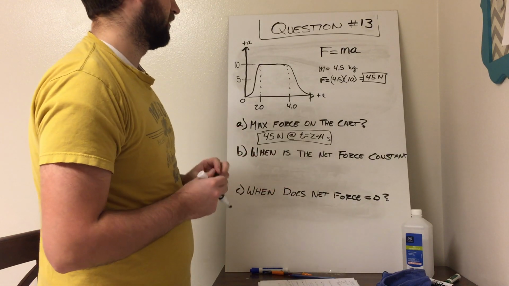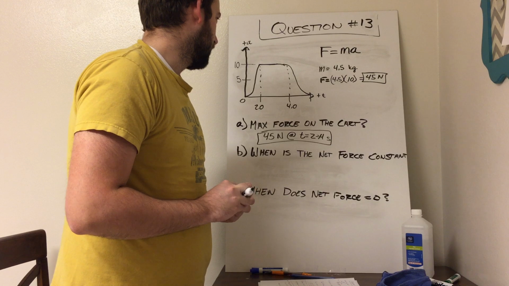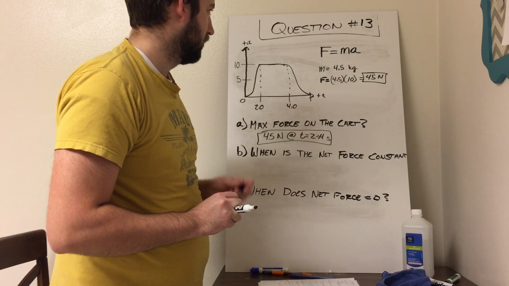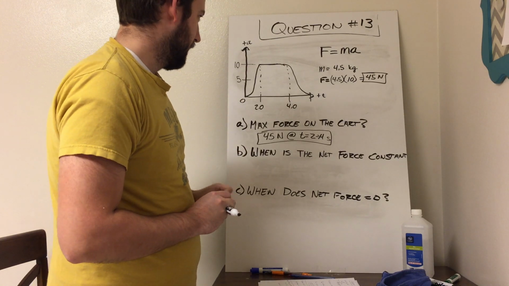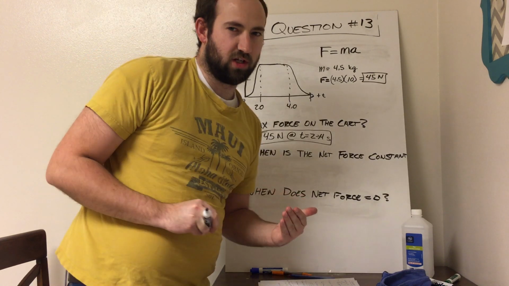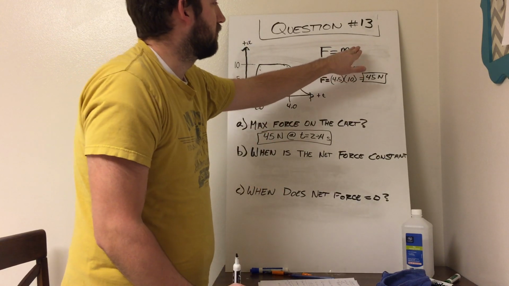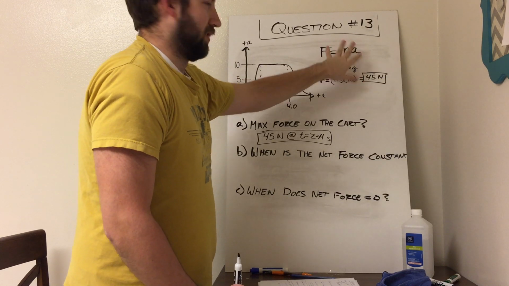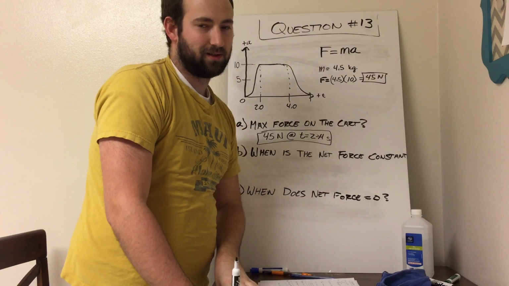Part B, when is the net force a constant? The net force is going to be a constant when the acceleration isn't changing, right? Because we already talked about in part A how the acceleration is what's changing this. The mass of the cart is remaining constant within this example.